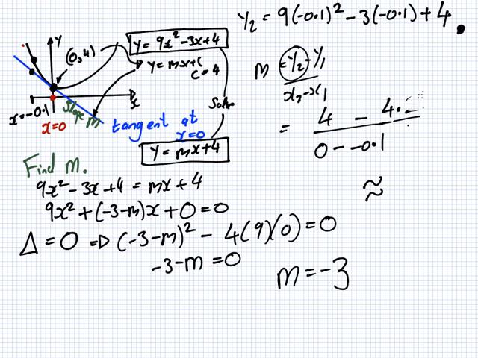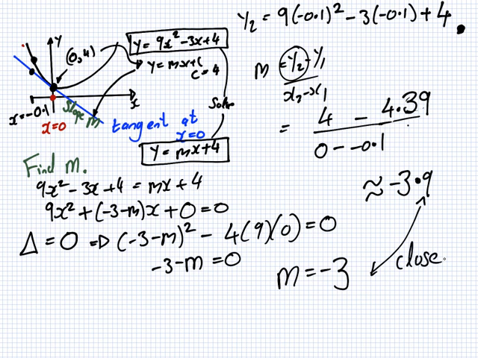Thank you, that sounds better. So when you divide this, 4 minus 4.39, that's minus 0.39. So we get minus 3.9, is it? It's not quite that close.